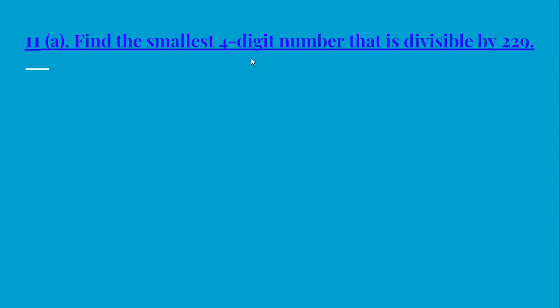We have to see whether 1000 is divisible by 229 or not, or otherwise which number is divisible by 229. It should be the smallest 4-digit number and it should be divisible by 229. So first of all, write the first step: the smallest 4-digit number is 1000.